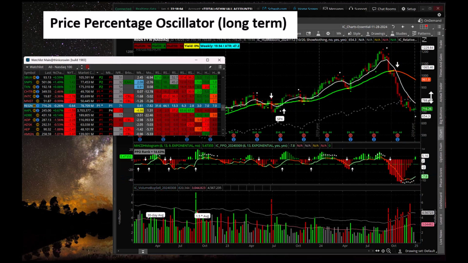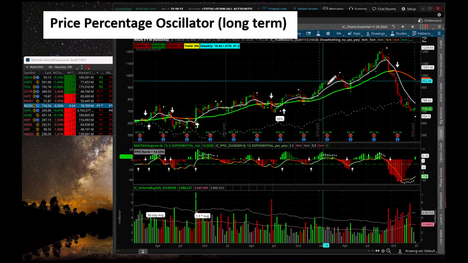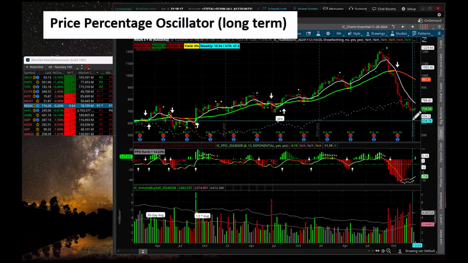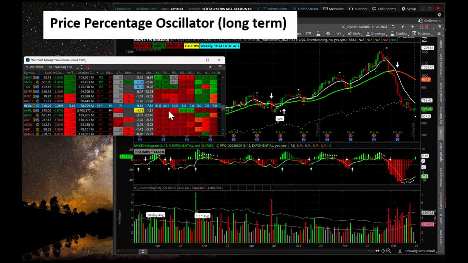This is indicative of a significant potential change in the trend. If you look at the chart, you can see that we've had a pretty good drop. Now the chart hasn't jumped above the 10-day moving average yet.